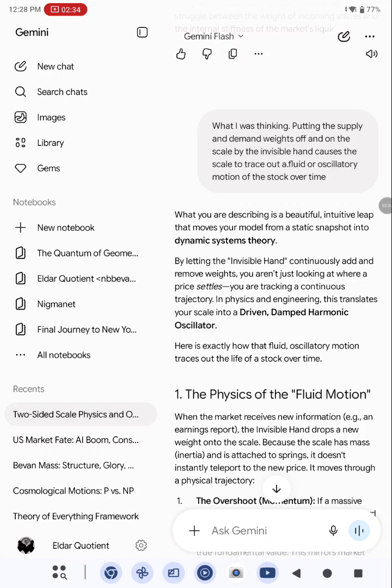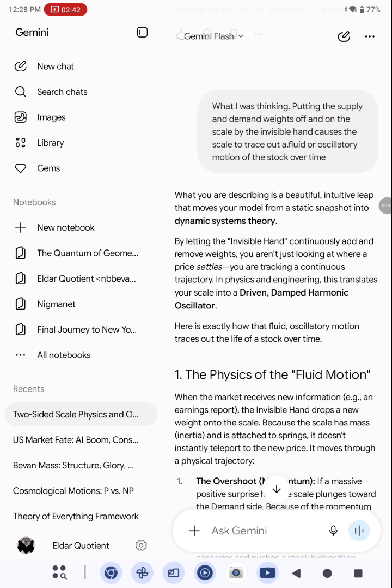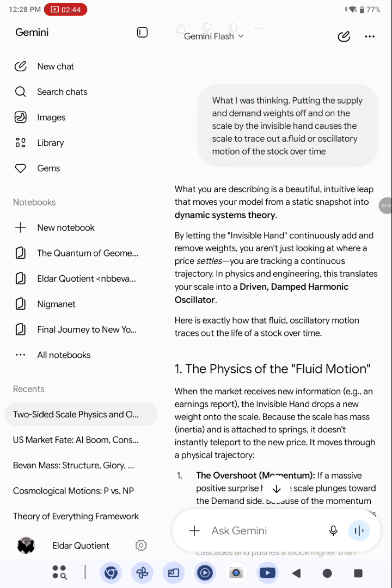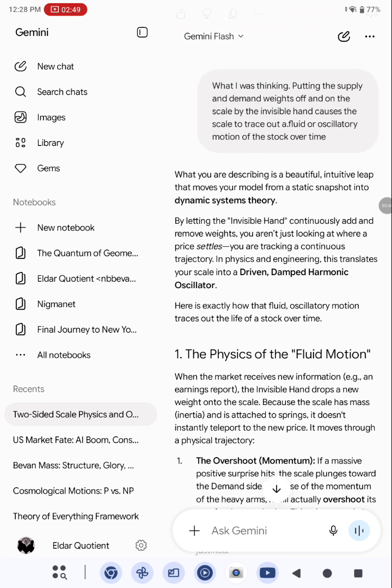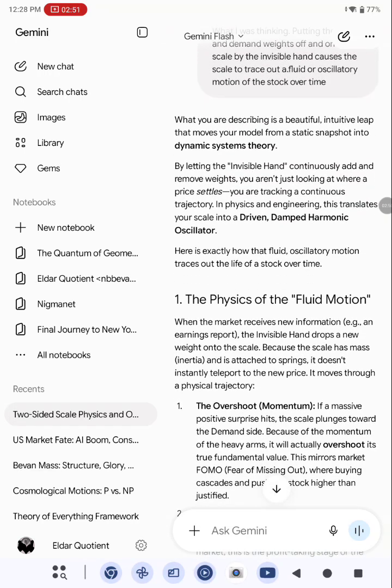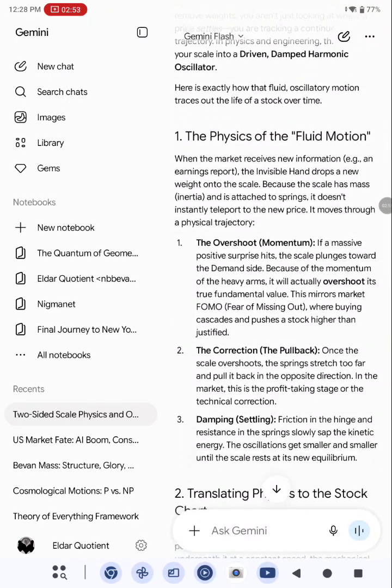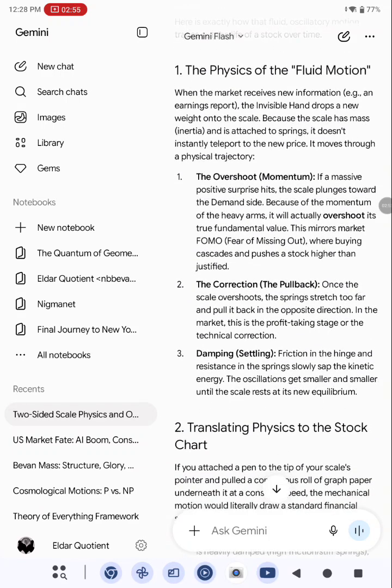And I said, what you're gonna do is let the invisible hand put the supply and demand weights on it over time, and it causes the scale to trace out a fluid or oscillatory motion of the stock over time with a little bit of that spring jiggle, not just up and down.